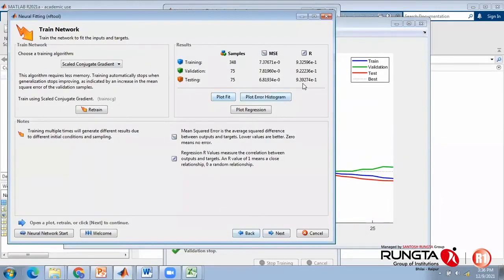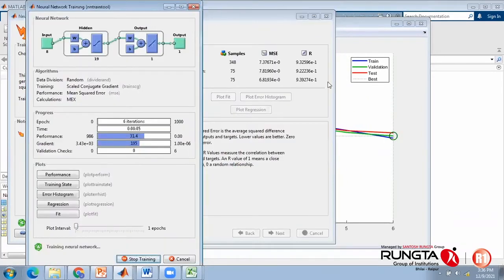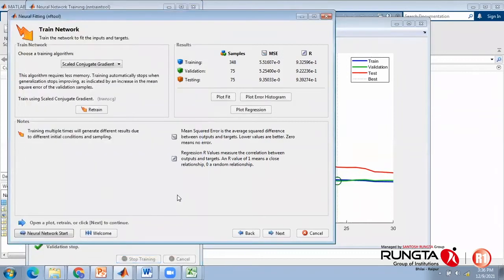So, if I'm not happy with this, suppose this is the final result.